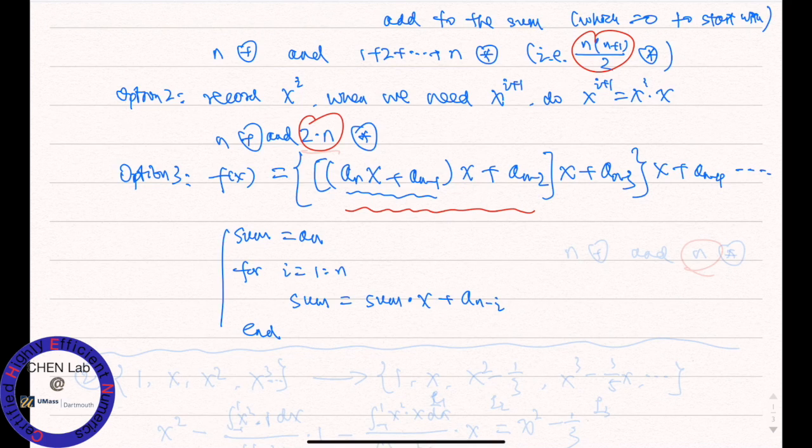You take your current value and do the same operation every time: multiply with x, add the next coefficient, multiply with another x, add the next coefficient. You do this n times, you're done. Amazingly, this is the only loop, and we need n additions and n multiplications. We go from 2n to n.